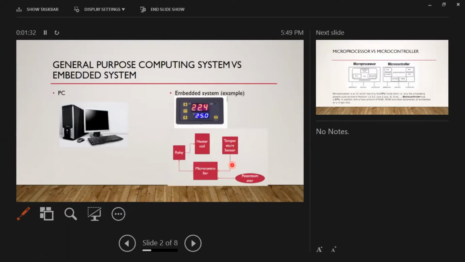It could also be a digital temperature sensor, but it reads the temperature value and compares the set value with the sensed value. If the sensed value is greater than the set value, it actuates the relay and turns off the heat coil. This embedded system is a dedicated system, and this heating system cannot perform any other operations other than this.